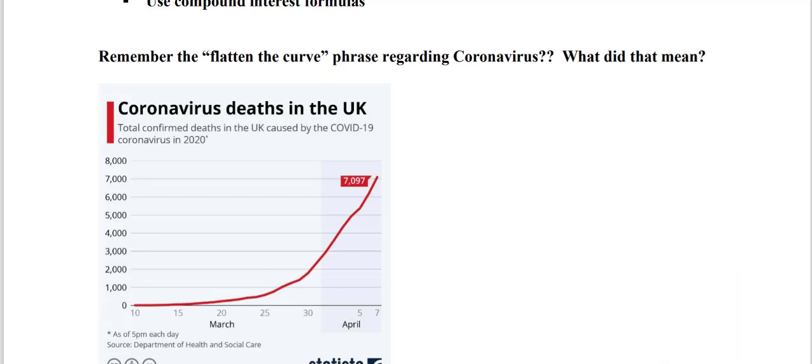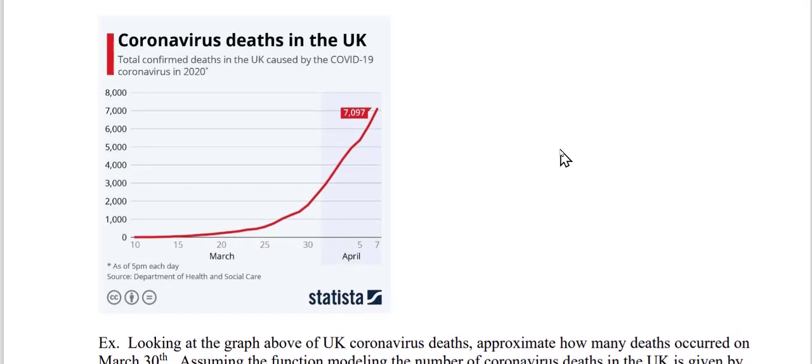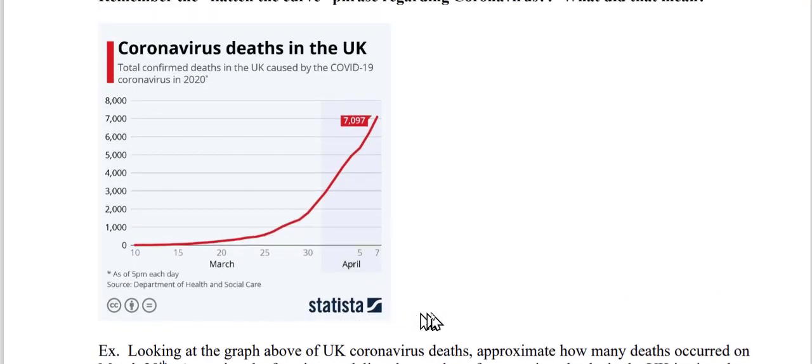Well, I grabbed this graph from the Statista website. I don't know if I'm saying that right, but the source is the Department of Health and Social Care. And these are the number of coronavirus deaths in the UK over these days from March 10th to April 7th. And what we see happening here, and what we were concerned about, is the growth of this.